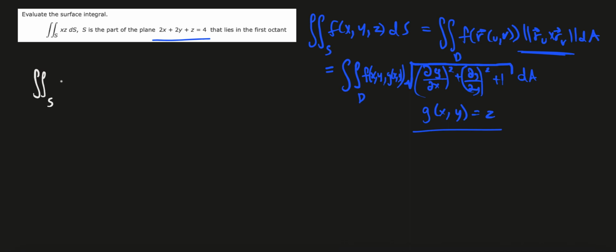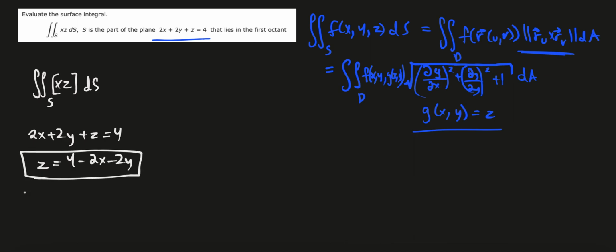So that's three separate ways you can compute this, based on the way the surface is defined. If we have the double integral over S of xz dS, where S is the part of the plane 2x plus 2y plus z equals 4, I'm just going to write this as z equals 4 minus 2x minus 2y. So g of x, y equals 4 minus 2x minus 2y.